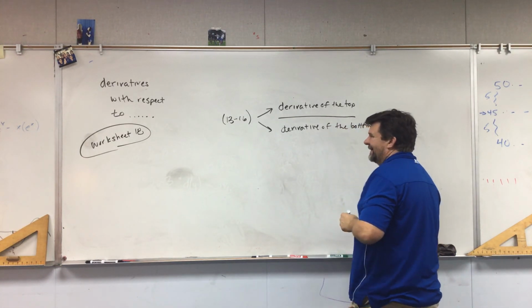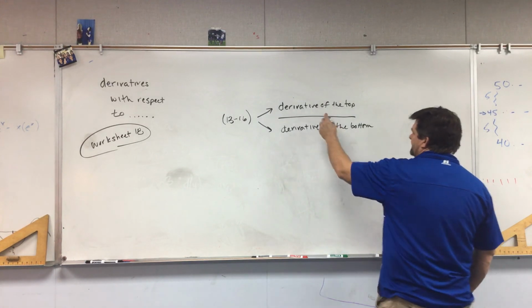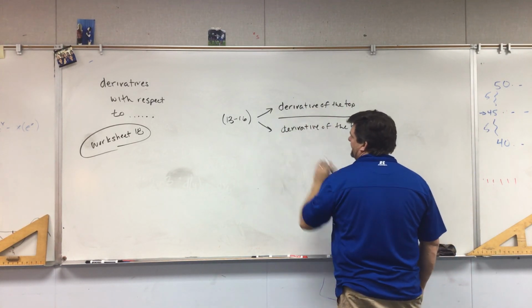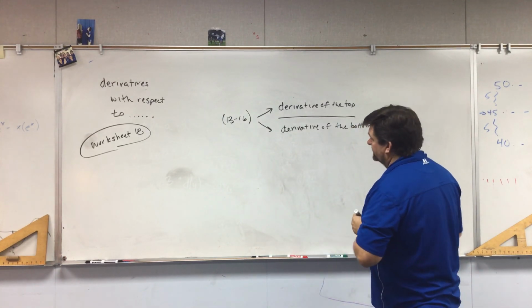It's basically what it's saying. So you've got to take the information they give you about dy, and the information they give you about dx, and that's how you're going to solve 13 through 16.